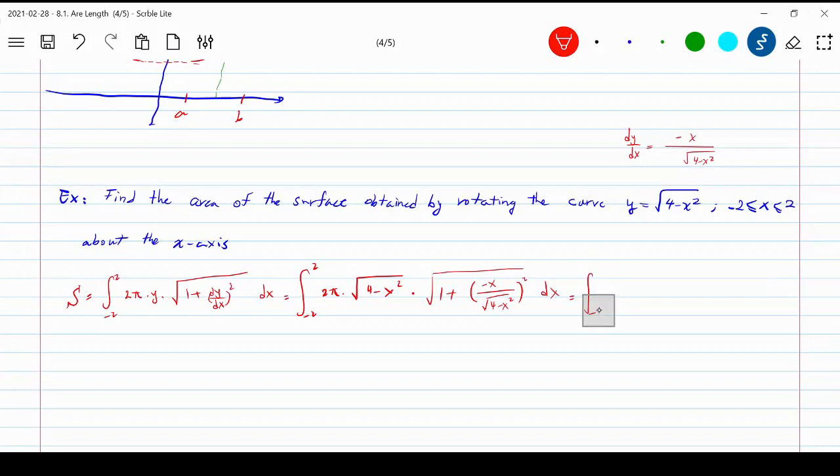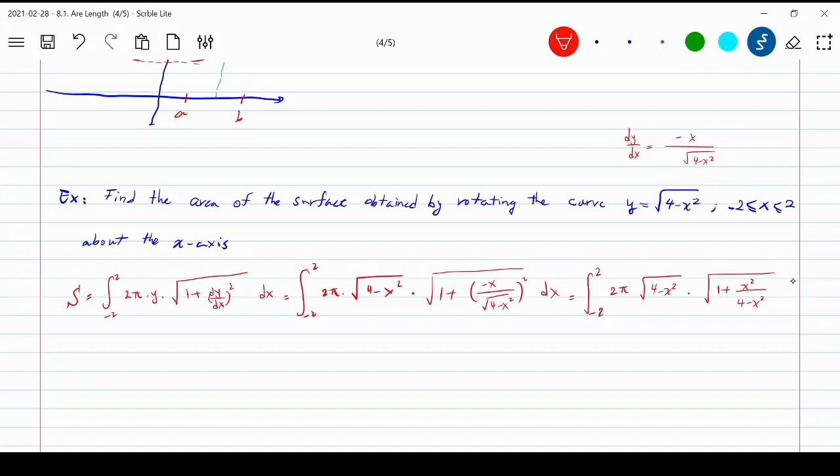from negative 2 to 2, you'd have 2 pi square root of 4 minus x squared multiplied by the square root of 1 plus, so this term squared would be basically 1 plus x squared divided by 4 minus x squared.